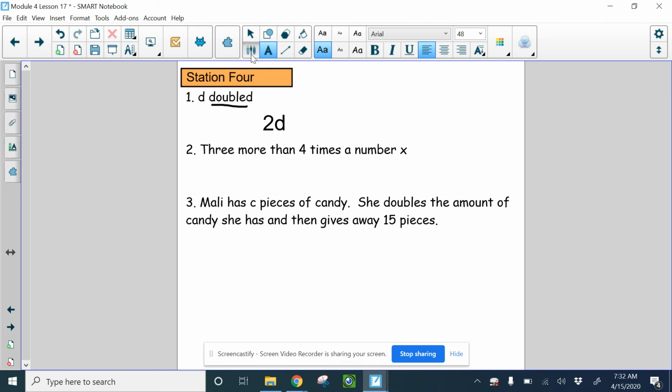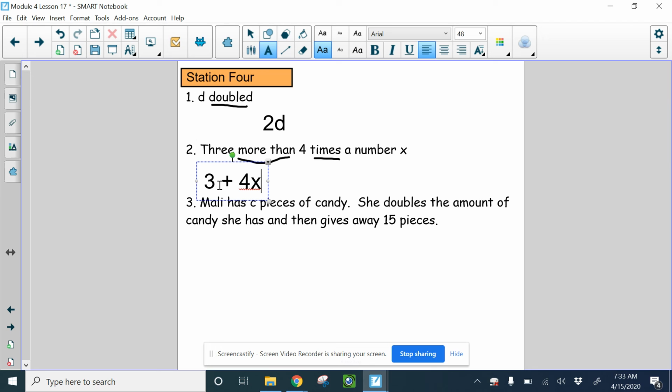Okay, let's look at these next ones. 3 more than 4 times a number x. So if I have more than, I'm going to be adding. So I would say 3 more than means to add 4 times a number x. Well, remember, I don't need to put any sort of symbol to mean times when I'm timesing it by a variable.